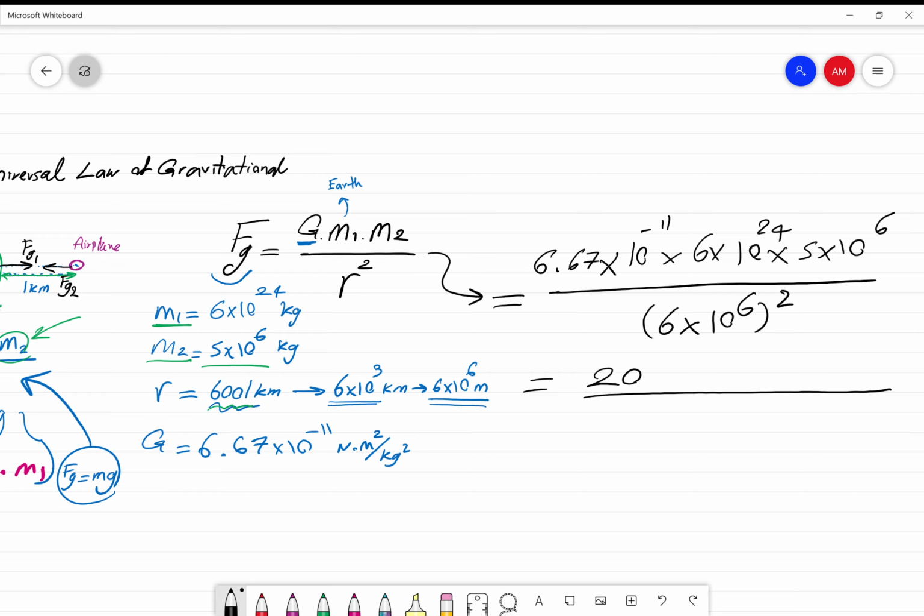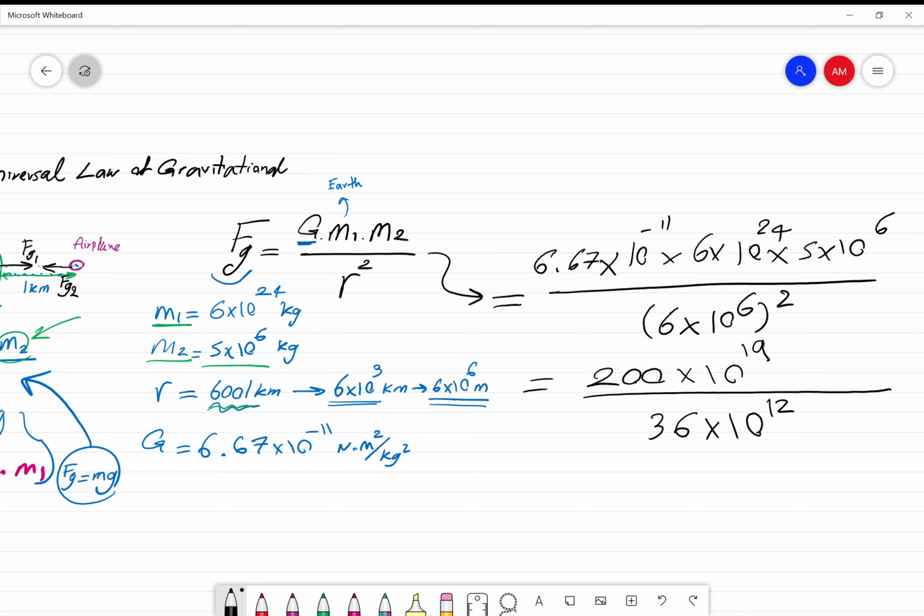I'm just doing numbers. That's roughly 200. 10 to the power of negative 11 times 10 to the power of 24 times 10 to the power of 6 is equal to 30 minus 11, 19. So times 10 to the power of 19. What do we have in the bottom? We have 6 times 10 to the power of 6 to the power of 2, which is equal to 36 times 10 to the power of 12.